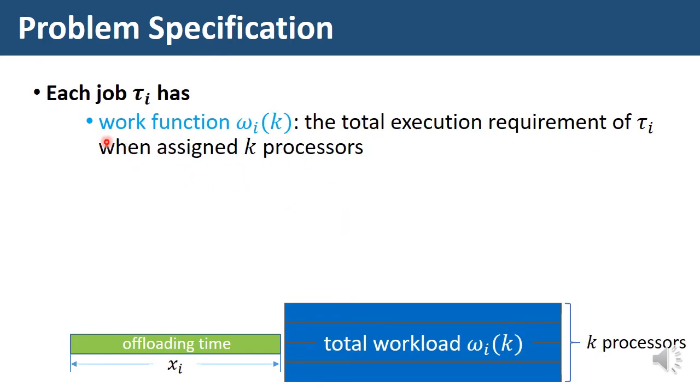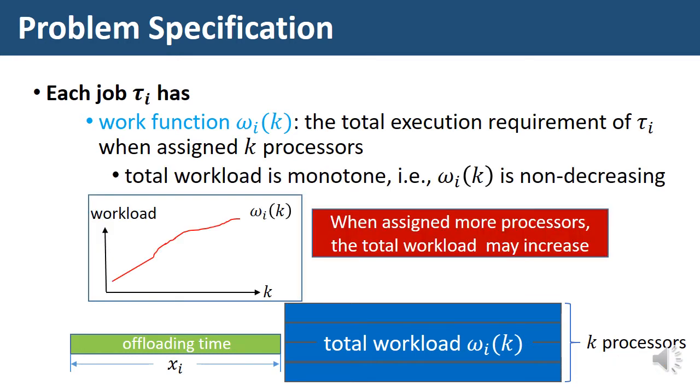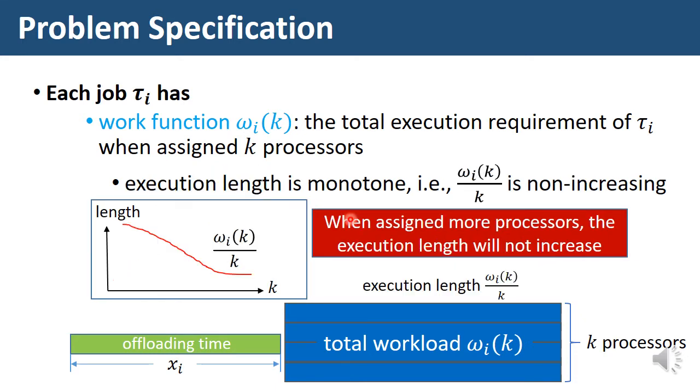And we also denote the work function w_i(k), the total execution requirement of tau i when assigned k processors. Moreover, we assume that the total workload is non-decreasing. That means when assigned more processors, the total workload may increase. The job's execution length is non-increasing. It means that when assigned more processors, the job will have a shorter execution length.